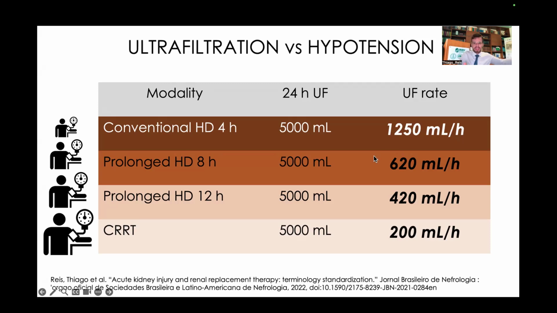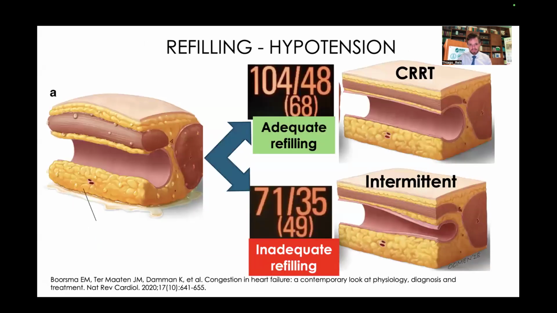If we extend that session to 12 hours, this would be reduced to 420 mLs per hour. But if we dilute all this amount of fluid that we were to remove over 24 hours, then we have a lower pace of 200 mLs per hour, and then we have a lower risk of hypotension.